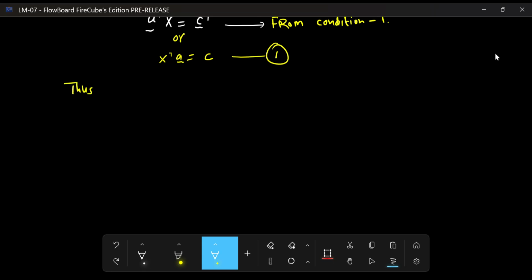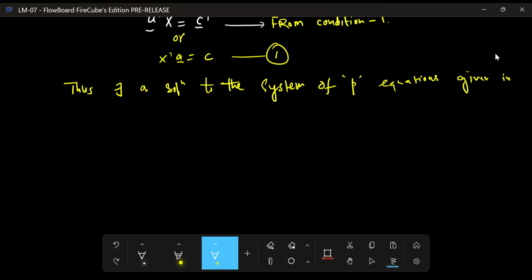Thus there exists a solution to the system of P equations given in first. This system has P equations. Whenever we write this in matrix form, you will get a system of equations from first.